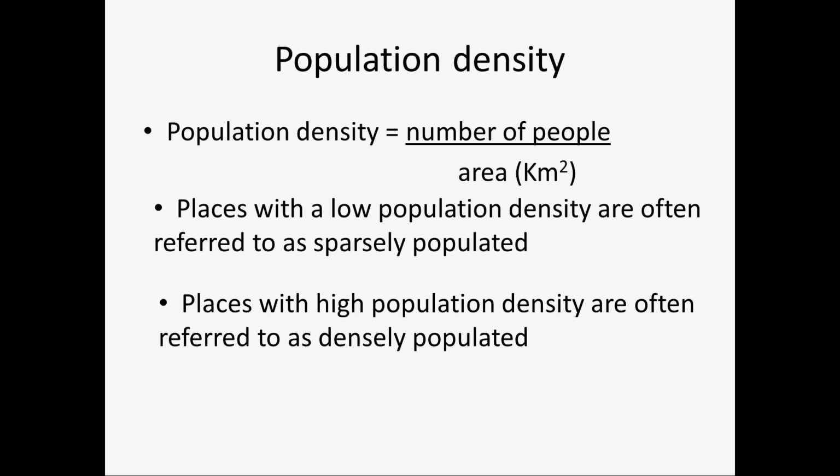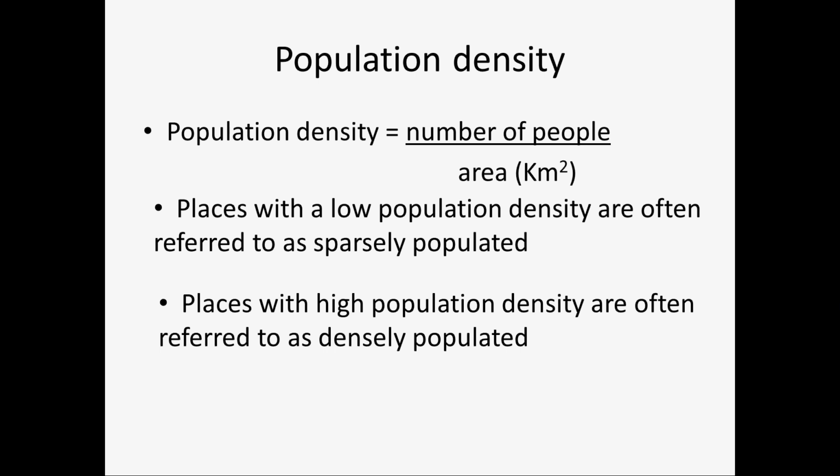So population density, another thing we're going to look at. You want to write this down, stick it somewhere. It's relatively straightforward, but you do need to know what it is. And the only bit of maths I promise you in the whole of geography: the number of people in the area, so the total population over the area in kilometers squared, is population density.